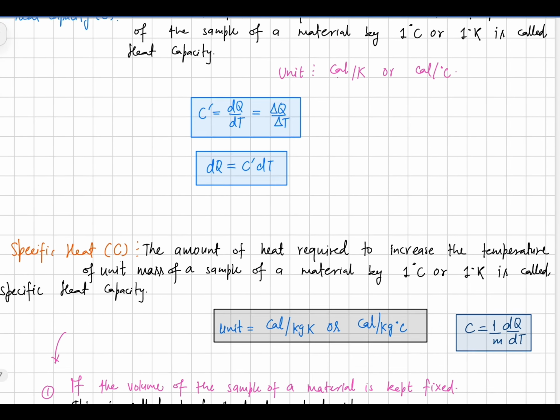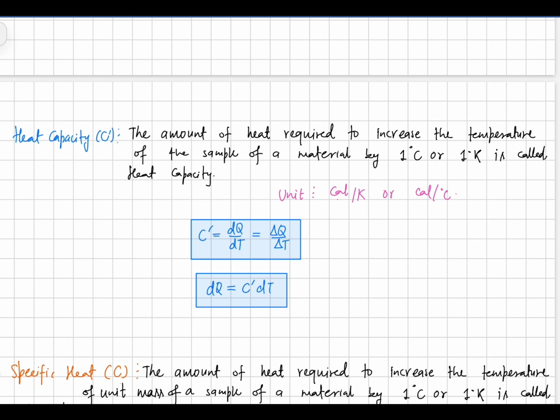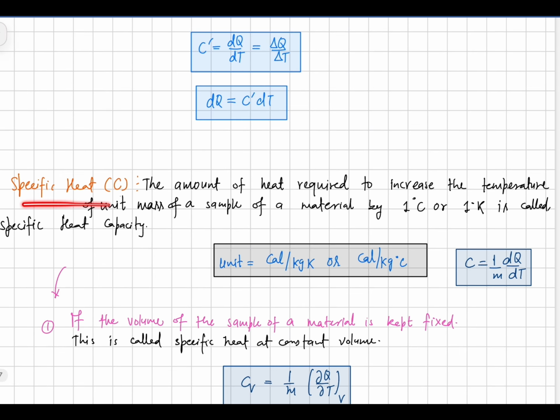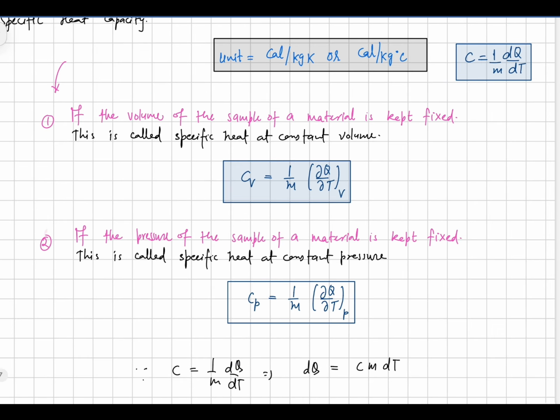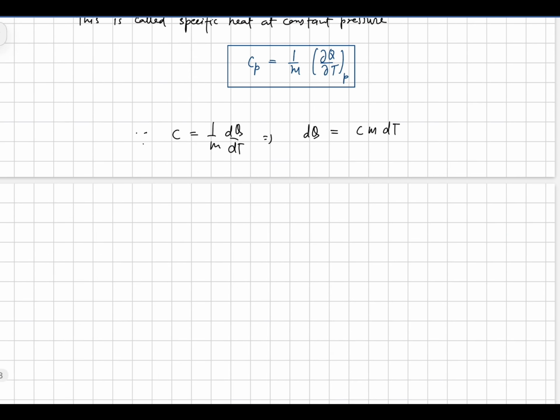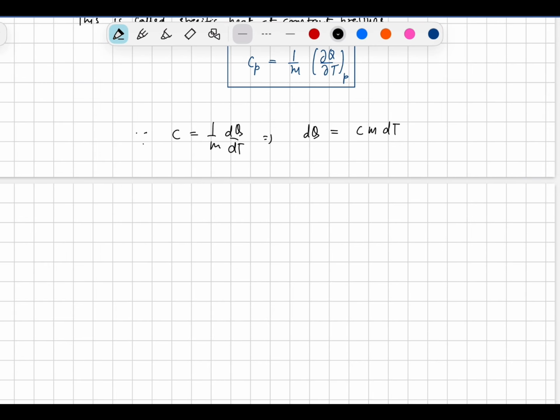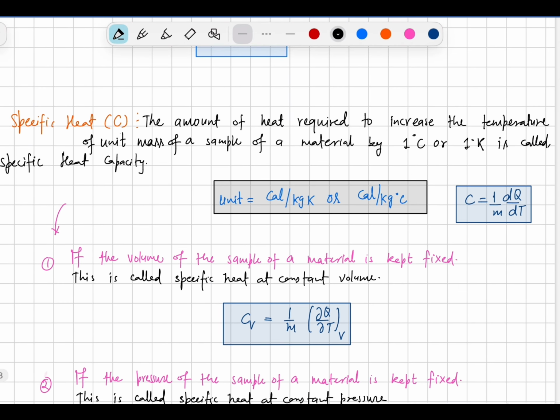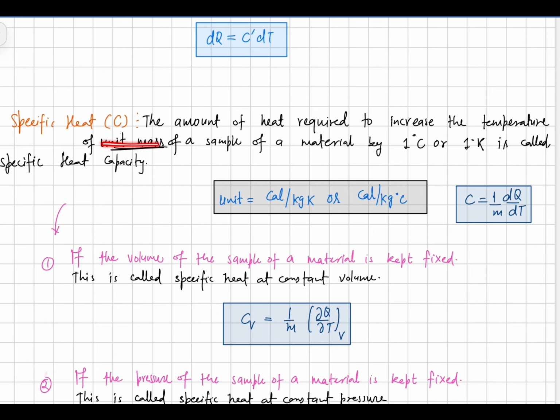Okay, so for heat capacity we are using C prime here, and for the specific heat we are using C. And one more thing comes here: we have seen that specific heat is defined per unit mass.